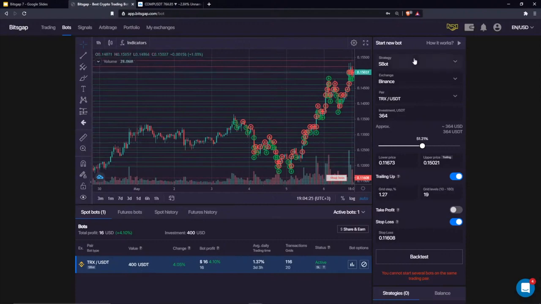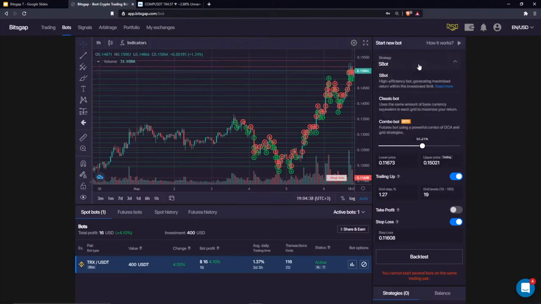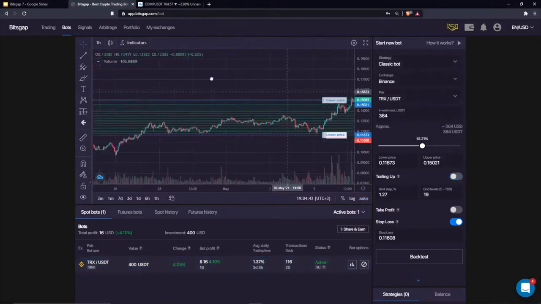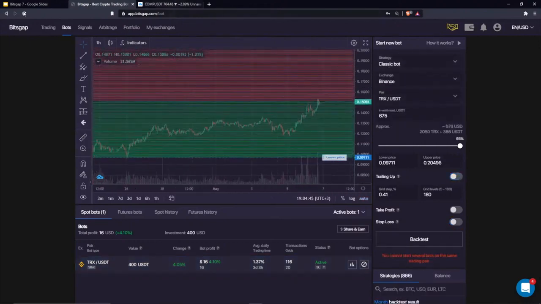As I mentioned, we have the SBot and the classic bot. It's important to understand what makes them different and how to construct optimal portfolios. Let's start with the original one, the first one launched on Bitsgap, the classic bot.